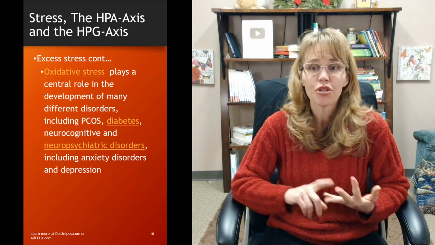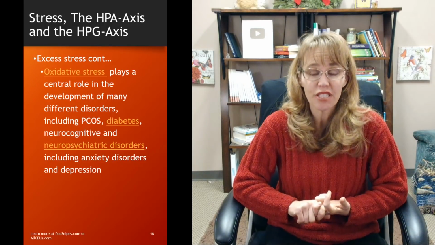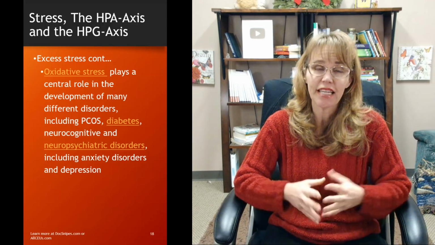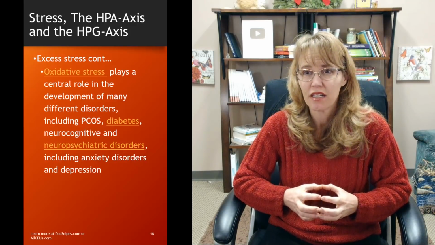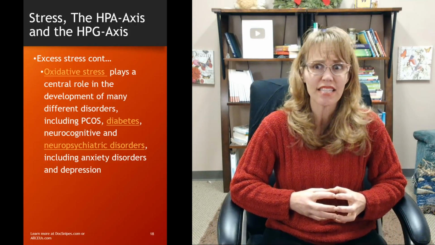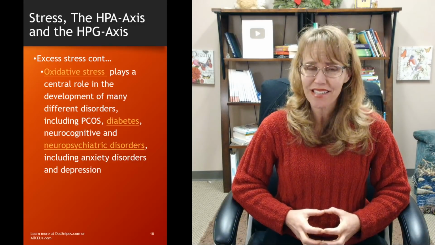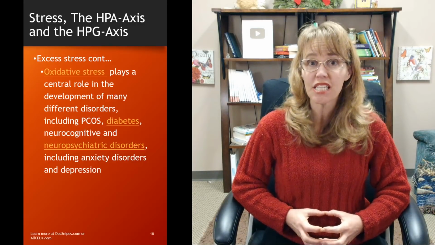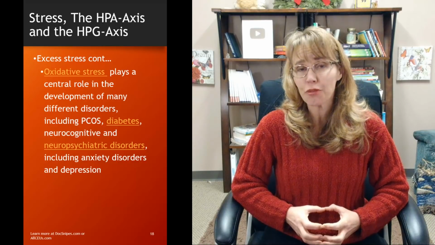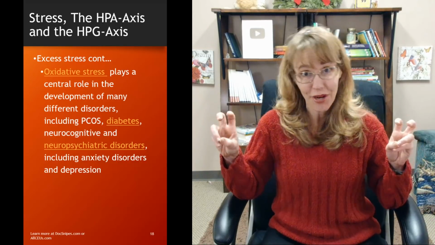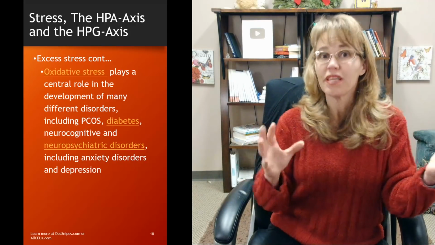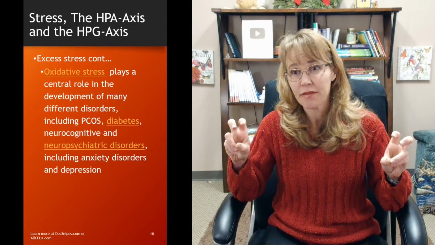Diabetes, neurocognitive and neuropsychiatric disorders, including anxiety disorders and depression. So oxidative stress is a bugger. Oxidative stress cannot exist if the system is functioning well, if the HPA axis is calibrated, and the HPG axis is calibrated.